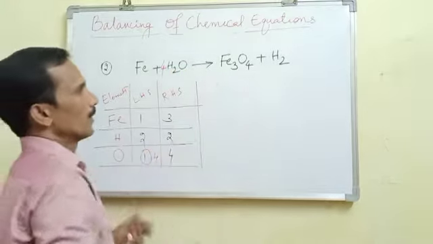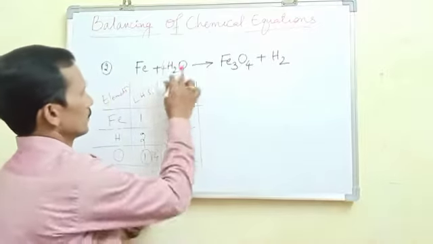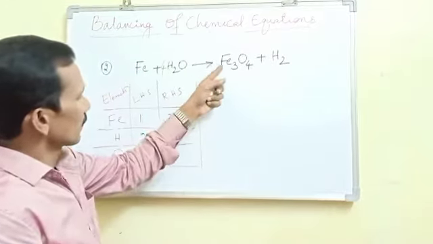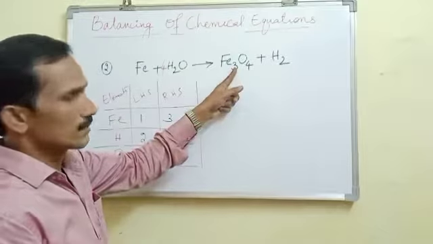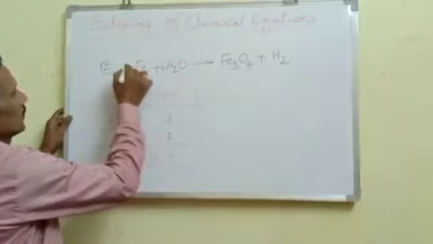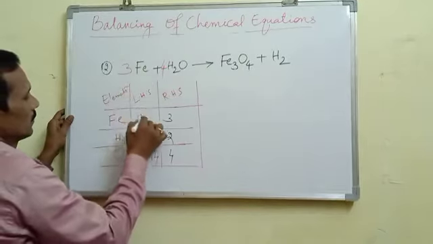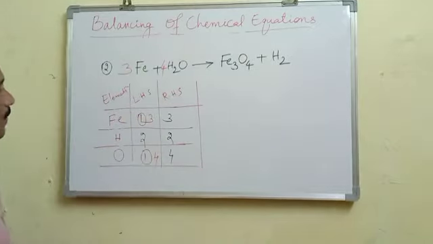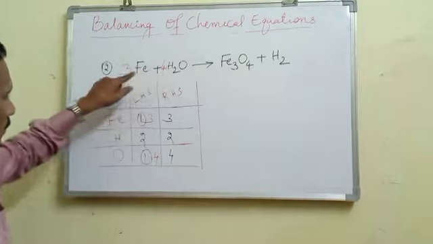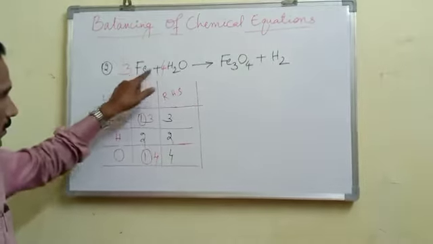Oxygens are balanced. What happens next? Iron is there. How many? 3. So we multiply here with 3, then it becomes 3. So iron has 3 atoms here.